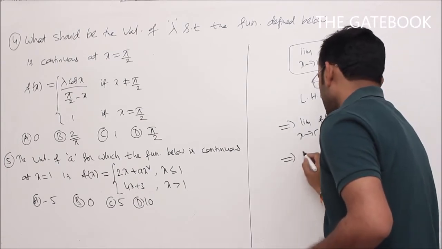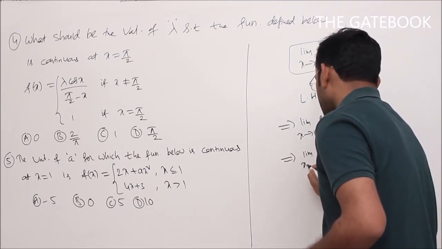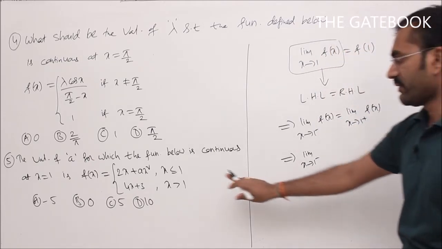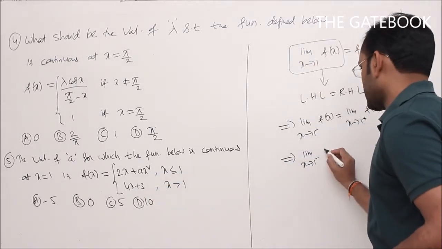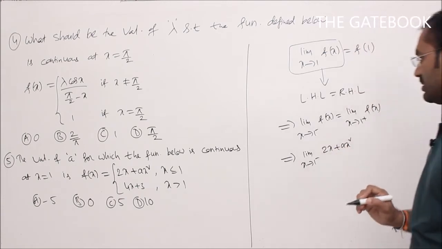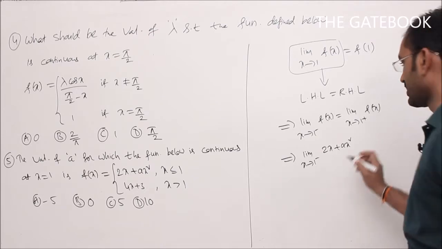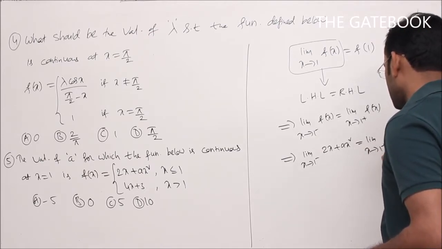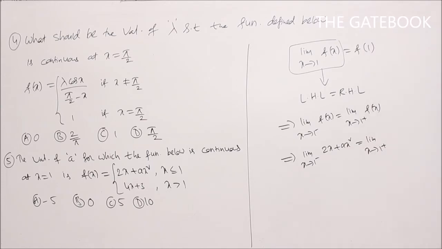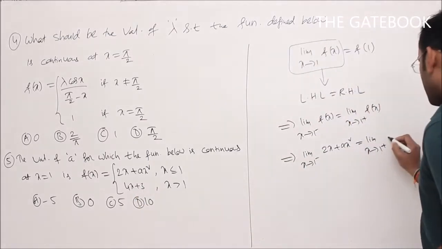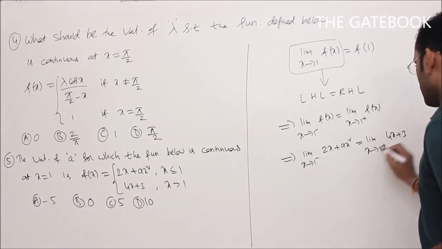It implies limit x tends to 1 minus means when x is less than 1, the corresponding function is 2x plus ax square, that is equal to limit x tends to 1 plus, means when x is greater than 1, the corresponding function is 4x plus 3. So these two must be equal.